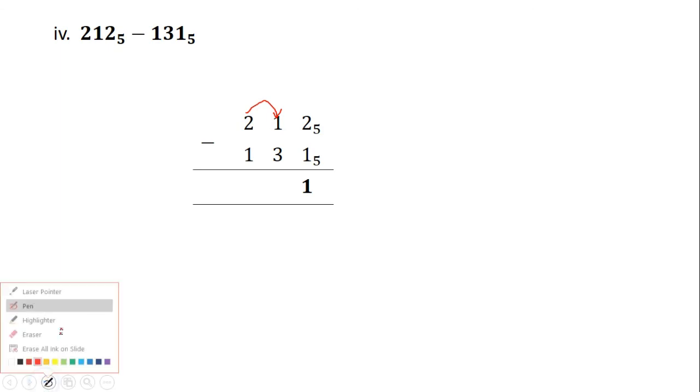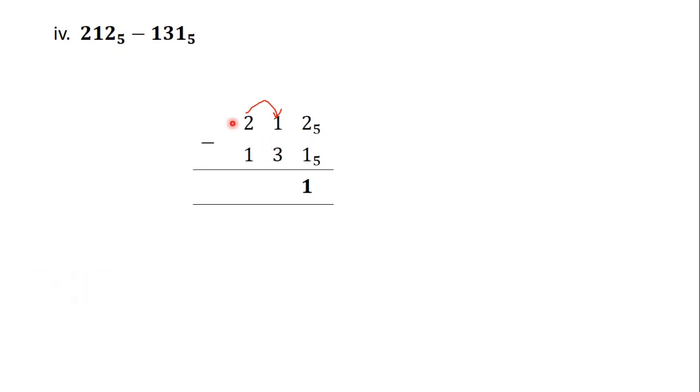Now, because we are working in base 5, when we borrow 1 from this side to this side, it carries a value of 5. So we will add that 5 to what we have here already, which is 1. 5 plus 1 will give us 6. So now you have 6 minus 3. 6 minus 3 will give us 3.